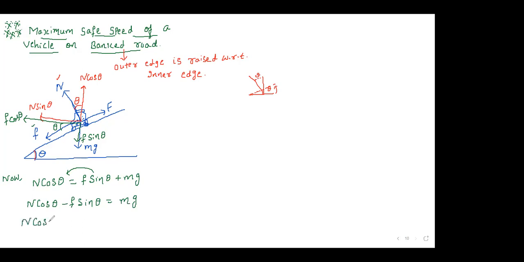N cos theta minus F, which can be taken as mu into N sin theta, is equal to m into g. If you take out N common, what happens? N into cos theta minus mu sin theta is equal to mg. You can call this equation 1.